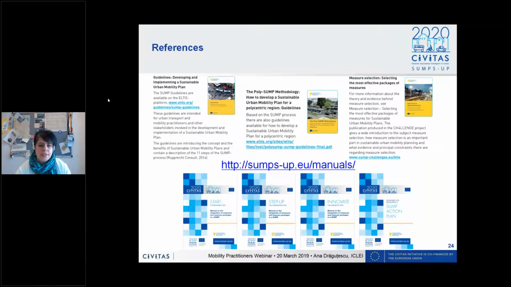A few references. So you have heard from Maya about our SUMPs-Up manuals. They have been designed for 3 types of cities. So for beginner cities, the START manual, for the intermediate cities, the Step Up manual, and for advanced cities, the Innovate manual. You can also find the standards for developing the SUMP action plan also online.